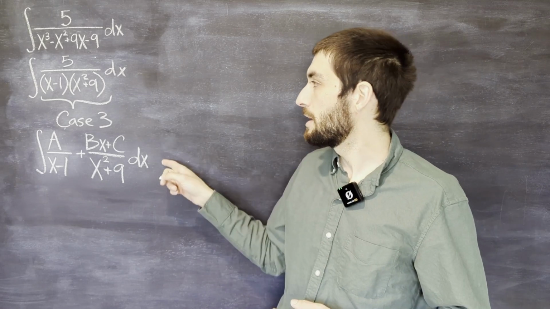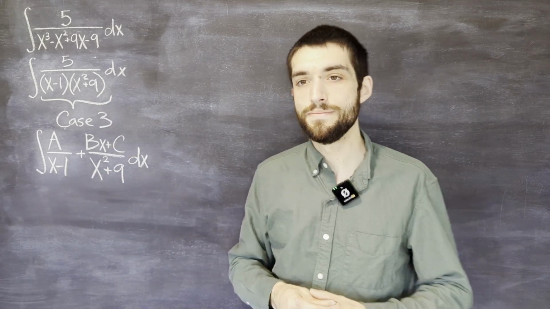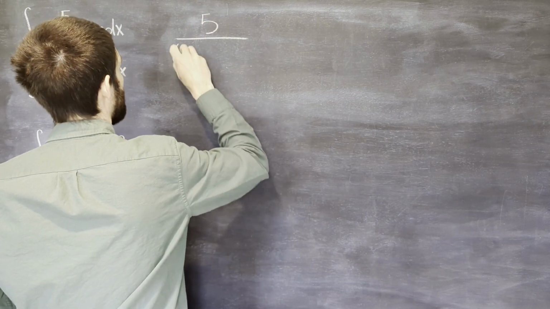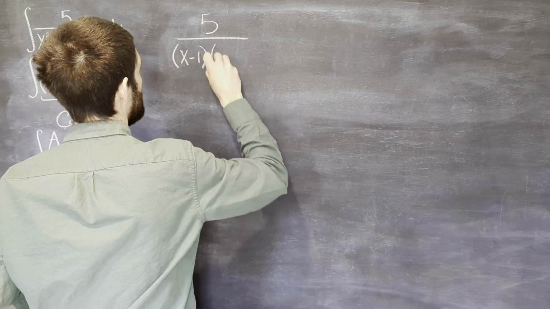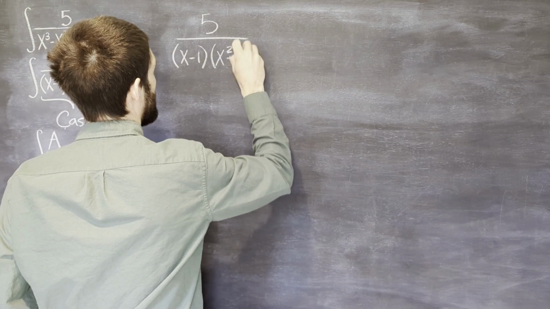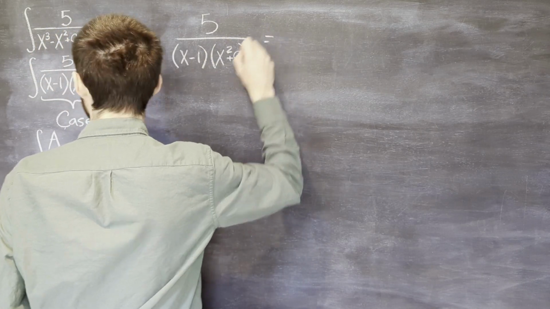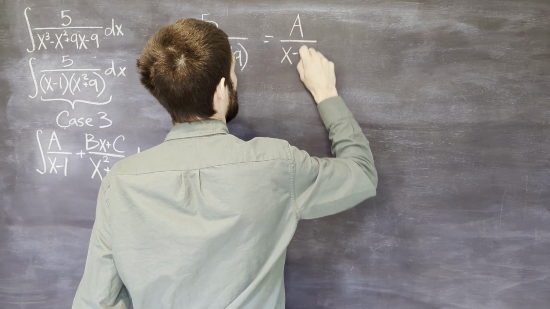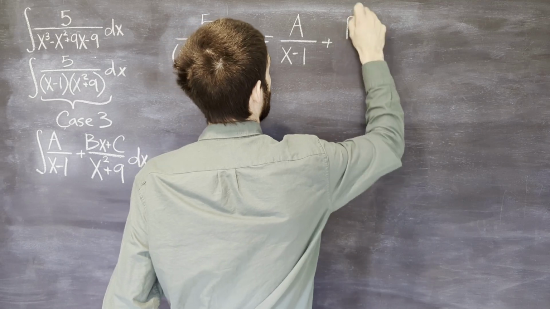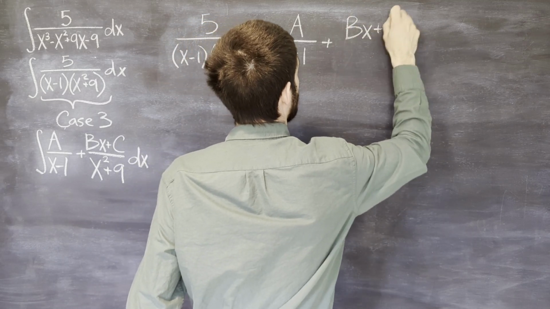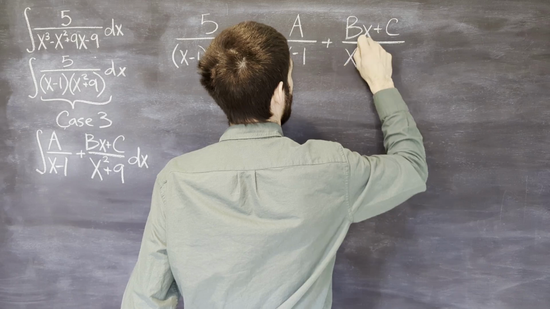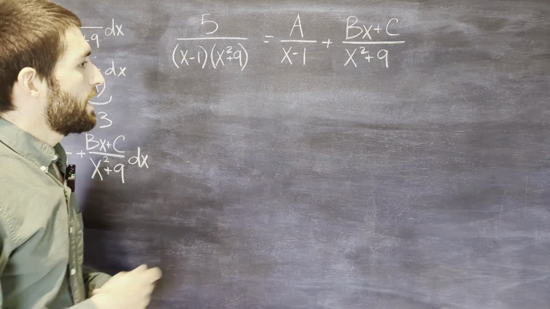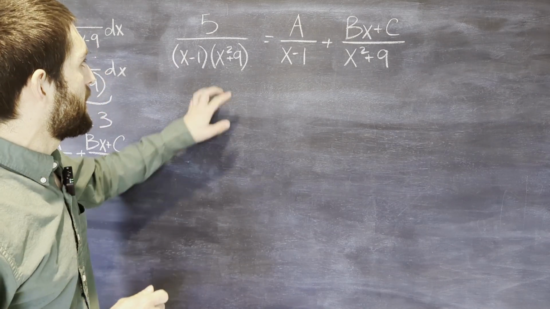We can use this information to create an equation to solve for a, b, and c. Because if these integrals are equal, their integrands are also equal. So that gives us 5 divided by x minus 1 times x squared plus 9 equals a divided by x minus 1 plus bx plus c divided by x squared plus 9. Now we can simplify this by multiplying both sides by our denominator.